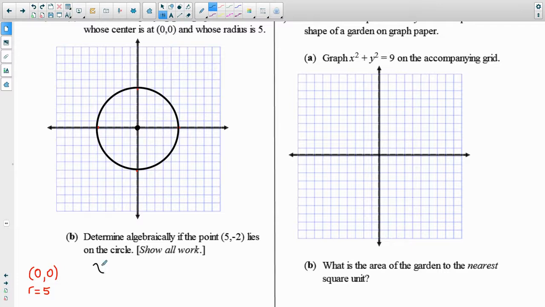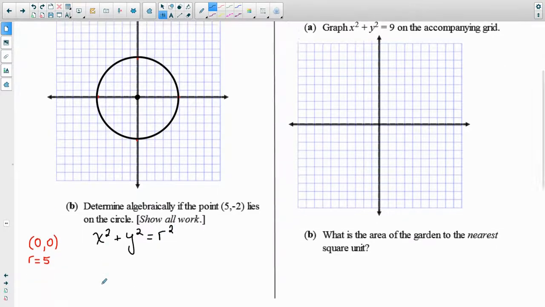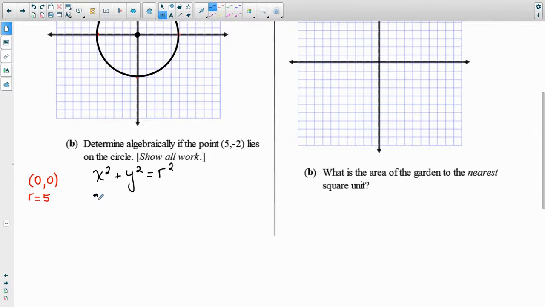X squared plus y squared. And they're always going to be equal to the radius squared. But we know that the radius here is 5. So I'm going to substitute that in. X squared plus y squared is equal to 5 squared. And then we get our equation of the circle, which is x squared plus y squared is equal to 25.